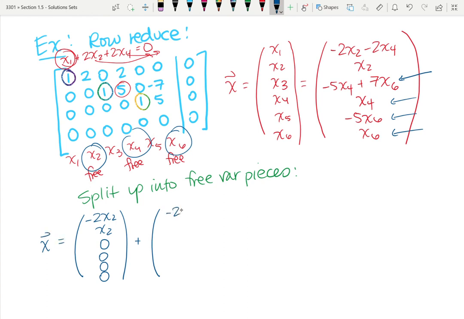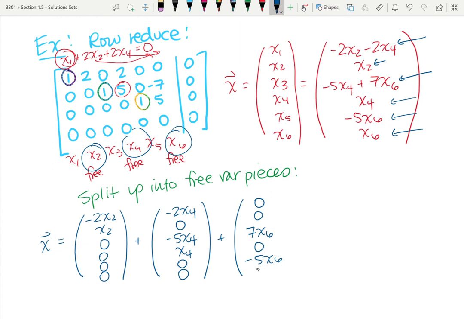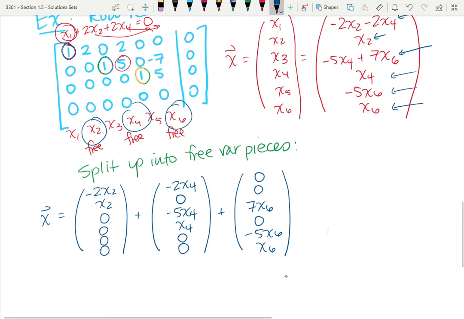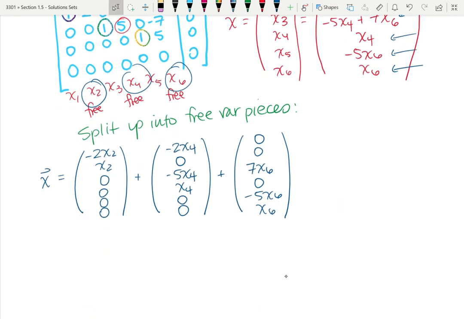So negative 2x4, no x4 in the second entry, negative 5x4 here, just plain x4 here, no x4, no x4. And then we need the x6 part. There's no x6 up here, there's no x6 here. Here we have 7x6, no x6, negative 5x6, and x6. So you just split it up into the component pieces according to the free variables.